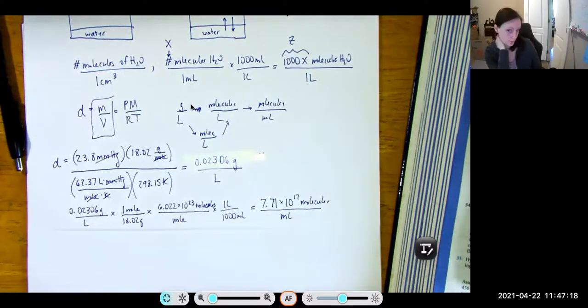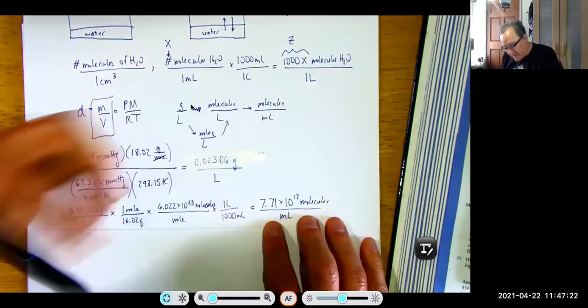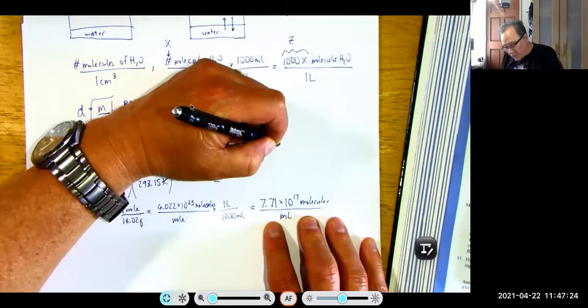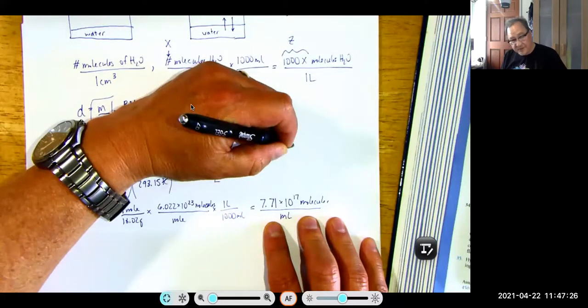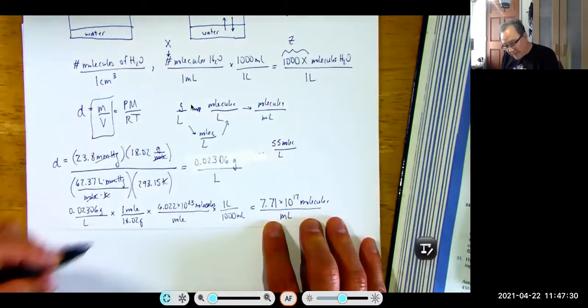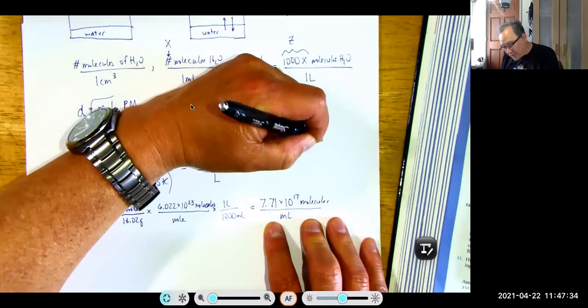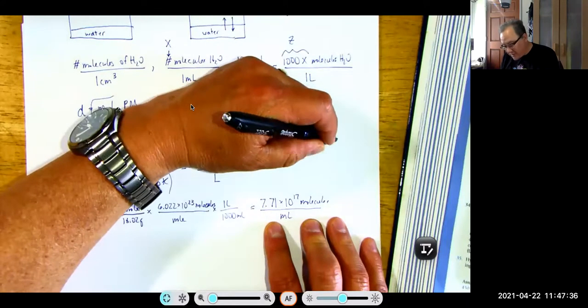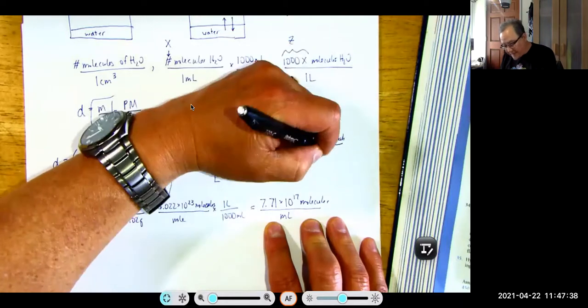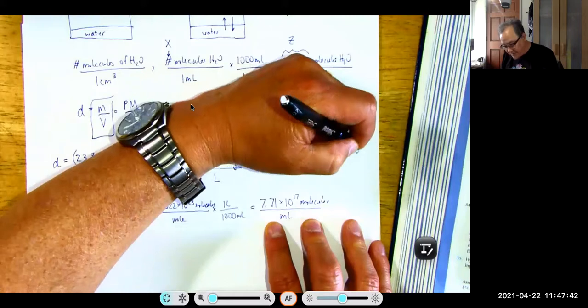Yeah. And I happen to know that the density of water is 55 moles per liter. That's the density of water. So times 6.022 times 10 to the 23rd molecules per 1 mole, and then times 1 liter per 1,000 milliliters.